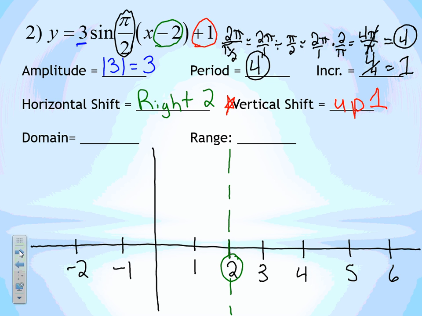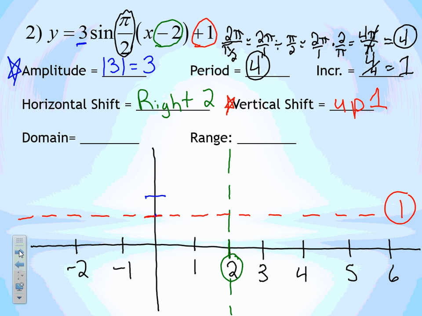Our next step, we have to do our vertical shift. So I'm going up 1. If I go up 1, I'm going to be right here. Draw my dotted line, label it. Once I have this in, I'm working from my red vertical shift. So from here, I need to do my amplitude. My amplitude is 3, so I have to go up 3.